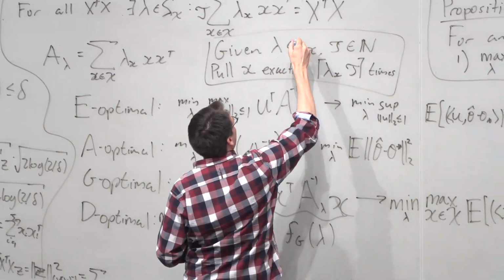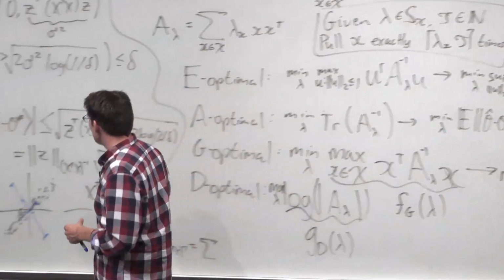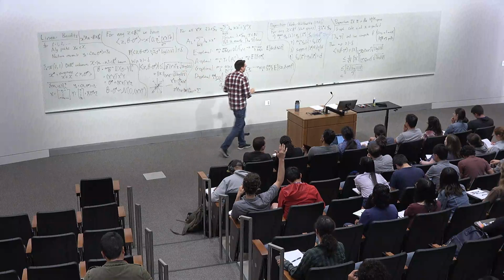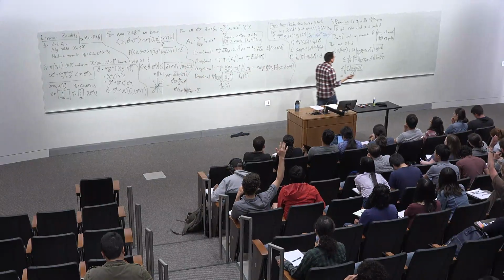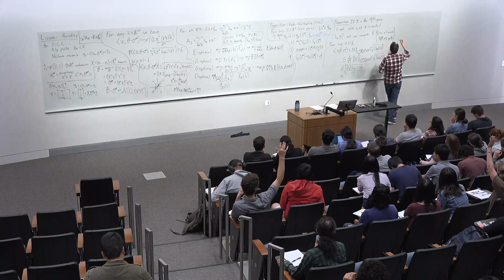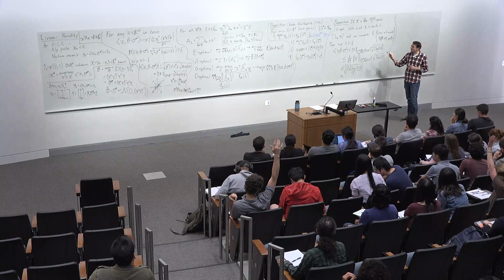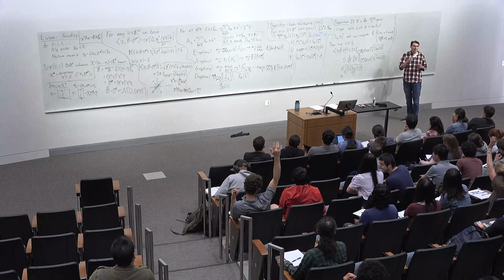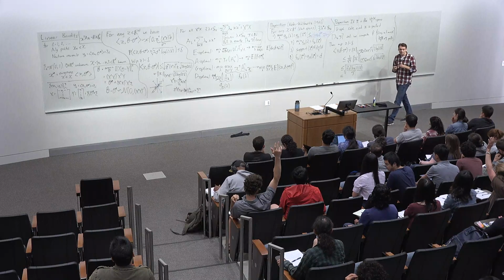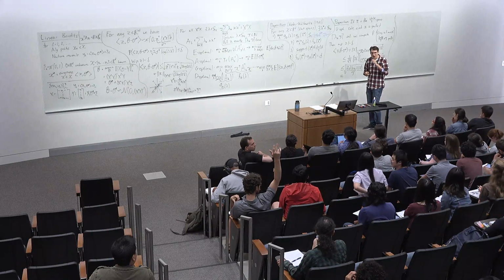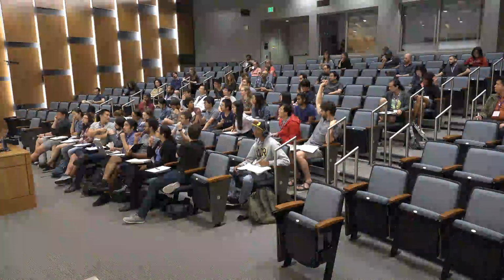S is for simplex. Okay. Now, why did we care about this? We care about this because we're going to use this proposition exactly in our algorithm.